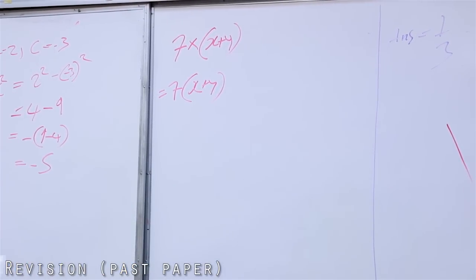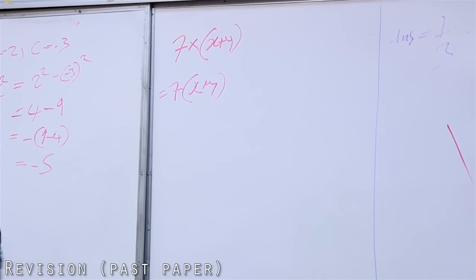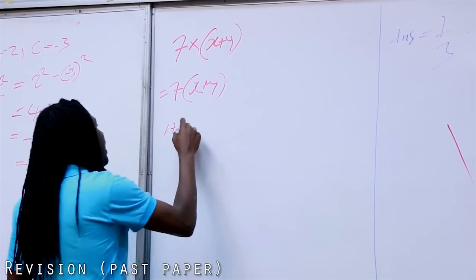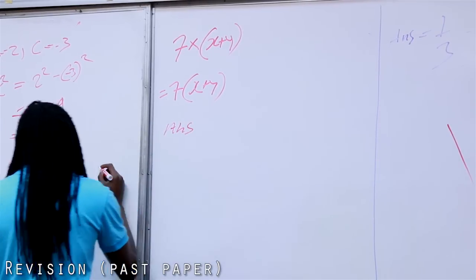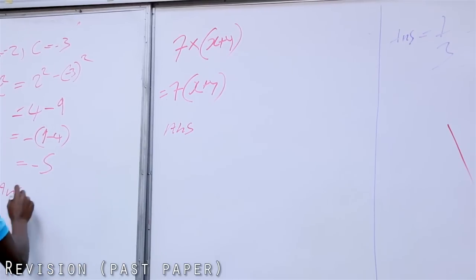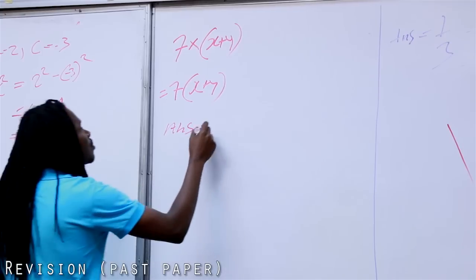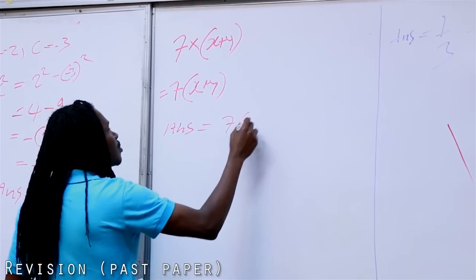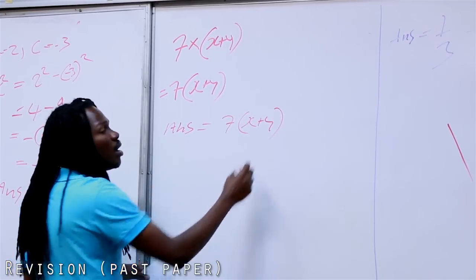Yes, that's my answer now. ANS. All of them have to have ANS. Everybody see that?